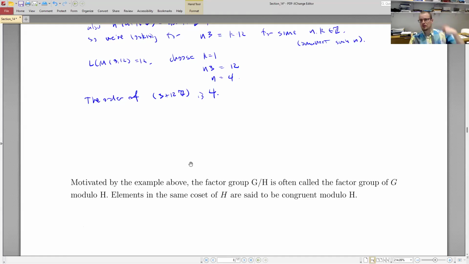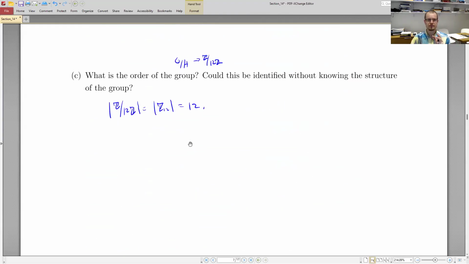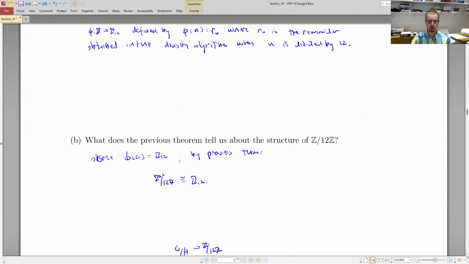All right, so in our discussion that we just had, we had the idea of this quotient group, and we used the remainder theorem to help us out there. So we're talking about addition modulo 12. Our group is isomorphic to Z12.